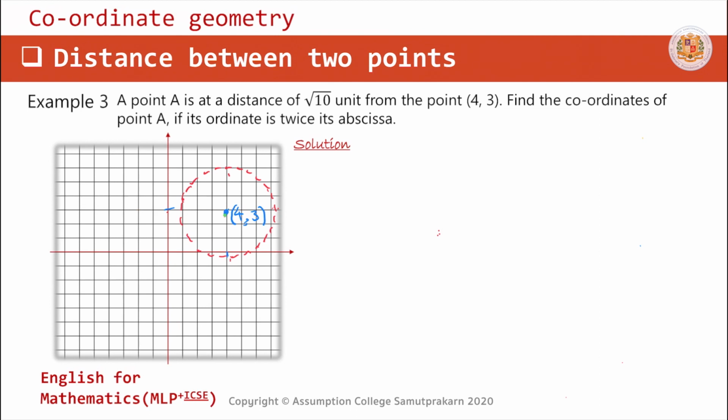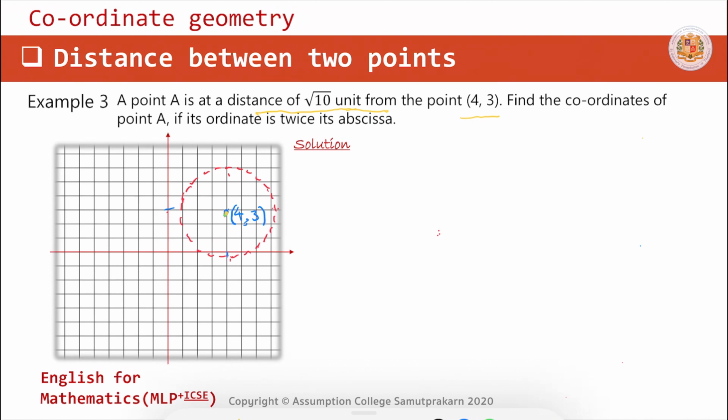Okay, let's move on to example 3, so then we don't have to use too much time. Example 3, I illustrate the problem for you here. To make it quick, a point A is at a distance of square root 10 units from the point (4, 3). So here's the point (4, 3).